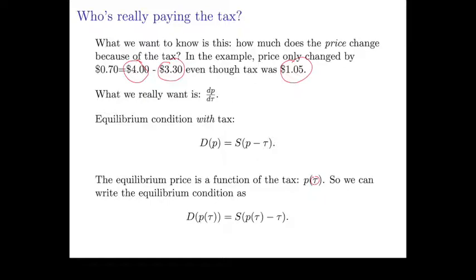For every possible tax, we can calculate a different equilibrium price, and we'll represent that equilibrium price as a function of the tax by P of tau. So the equilibrium condition becomes, for every tau, the quantity demanded by the consumers at the price P of tau has to equal the quantity supplied by the suppliers at the price P of tau minus tau.